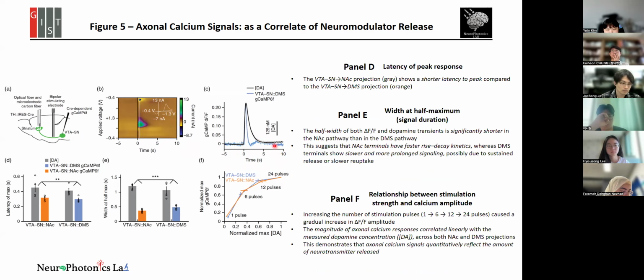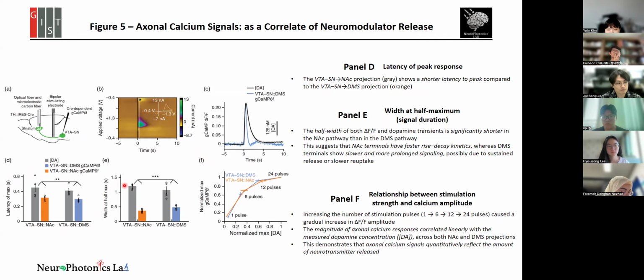And panel D presents the latency to peak for each signal. And the VTA SN to NAc projection shows the shorter latency to peak compared to the VTA SN to DMS projection. And panel E shows the duration during which the signal remains above half of its maximum value.